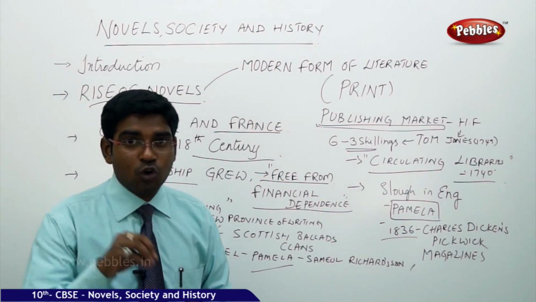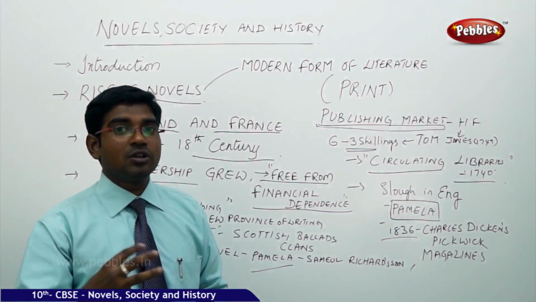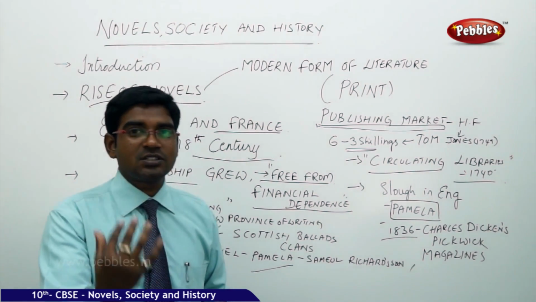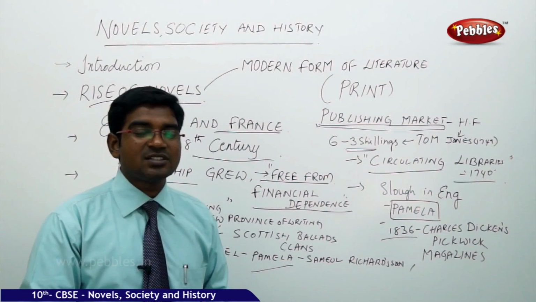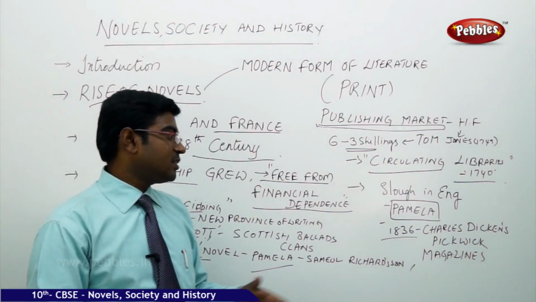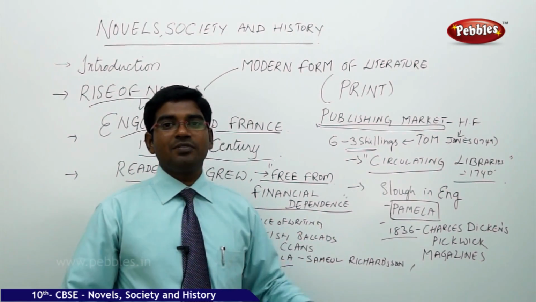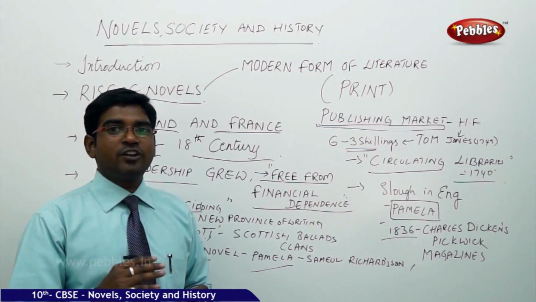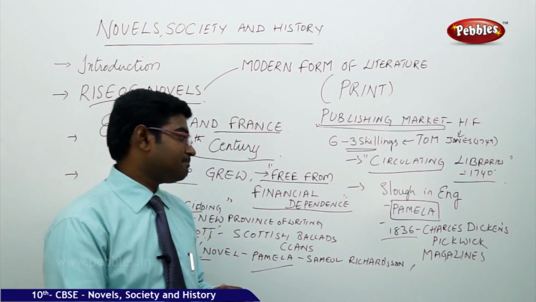The villagers of Slog, after reading the entire book, got well connected with the story and moved on to a church and started to ring the bells of the church, praising God for the blessing of Pamela getting married in the village called Slog. Actually, this is an imaginary book, but it got well connected to the people.